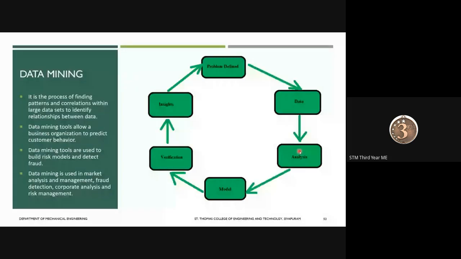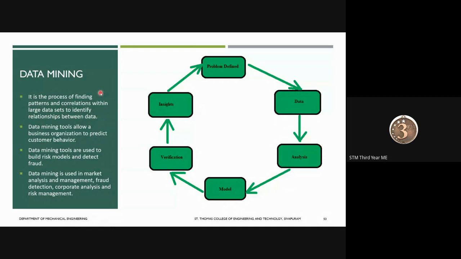And the next one is what is data mining. Under data warehousing, we are compiling all the data under one location. What is data mining? It is said here that it is the process of finding patterns and correlations within large data sets to identify relationships between data.